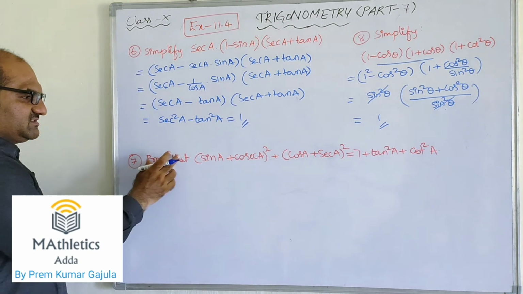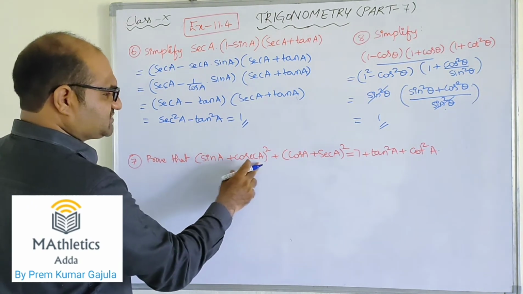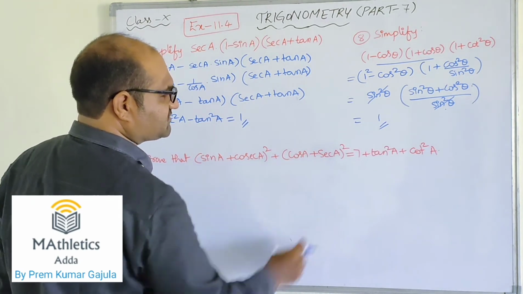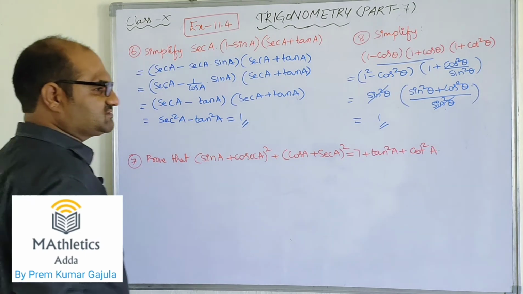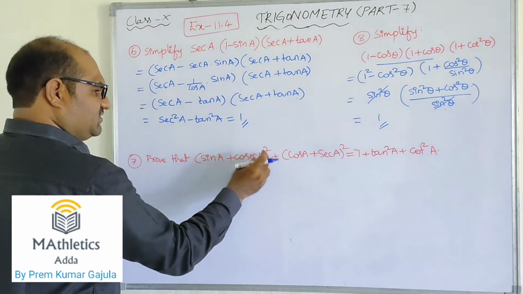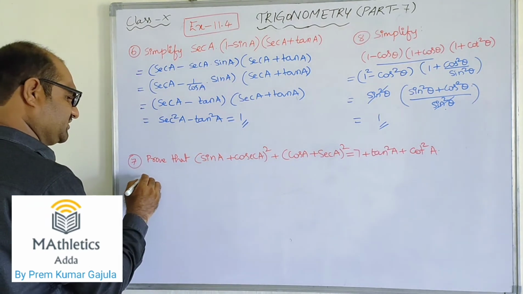And let us look at the seventh question. Prove that (sin A plus cosecant A) whole square plus (cos A plus secant A) whole square is equal to 7 plus tan square A plus cot square A. So now this is in the form of (A plus B) whole square and this is also in the form of (A plus B) whole square. Now let us apply the (A plus B) whole square formula.